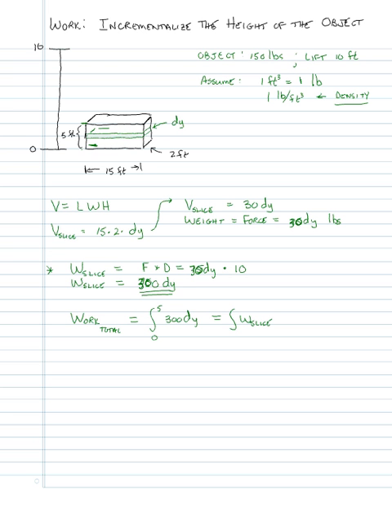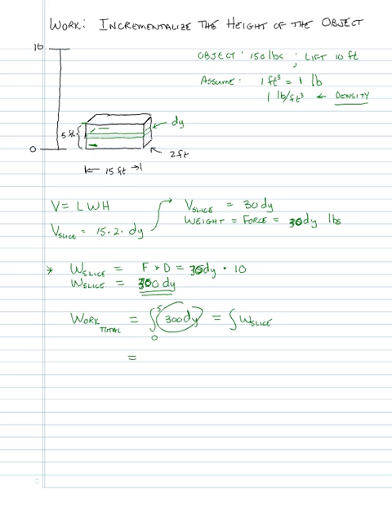And we already found the work in here to lift a slice 10 feet. So we're adding up the work required to lift all of the infinite number of slices with this integral. That's basically the integral from 0 to 5 of 300 dy.